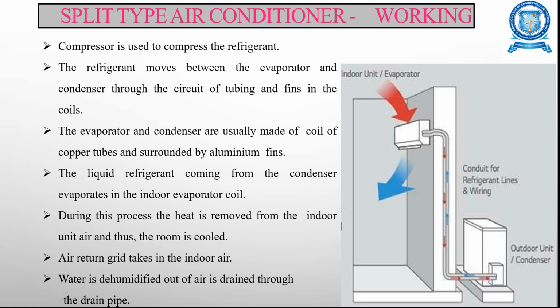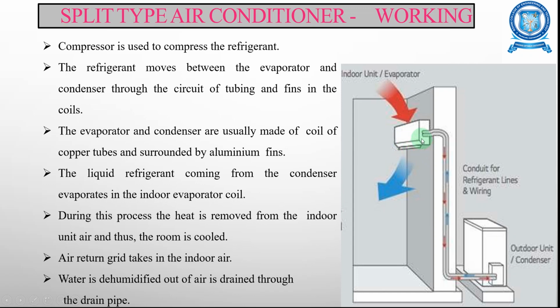The liquid refrigerant coming from the condenser evaporates in the indoor evaporator coil. During this process, heat is removed from the indoor unit air, and thus the room is cool.